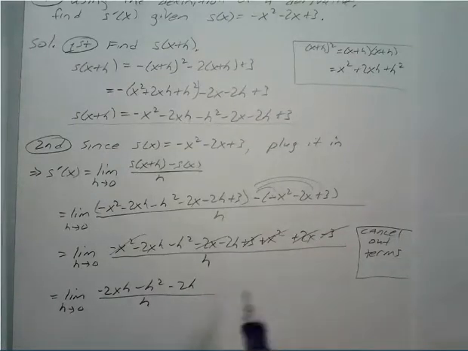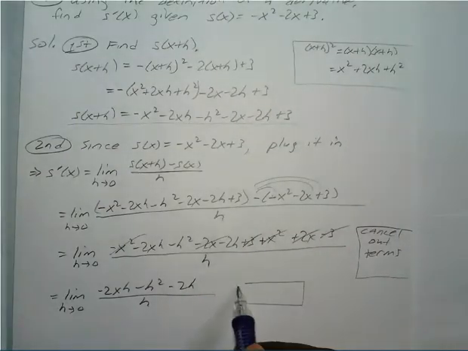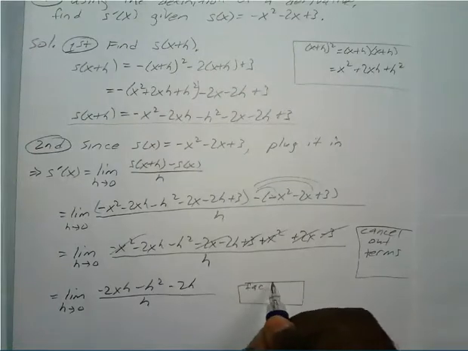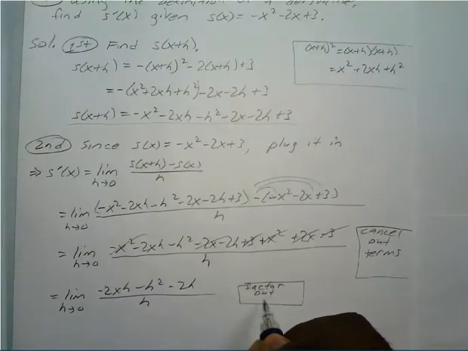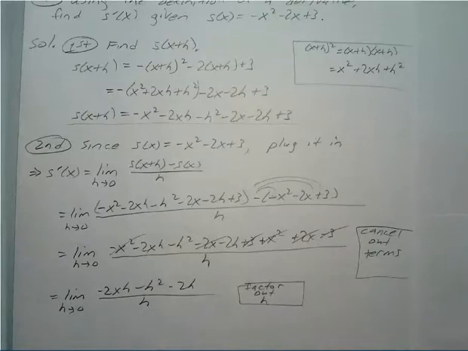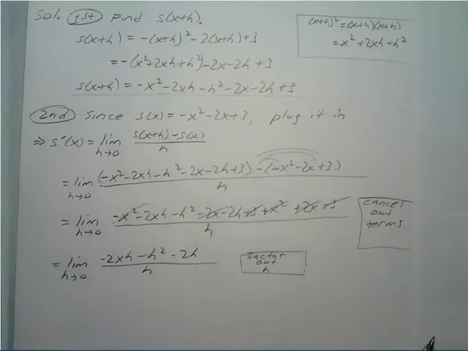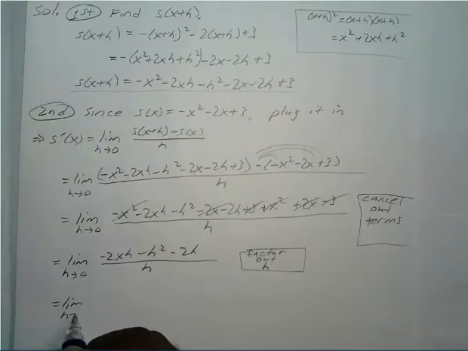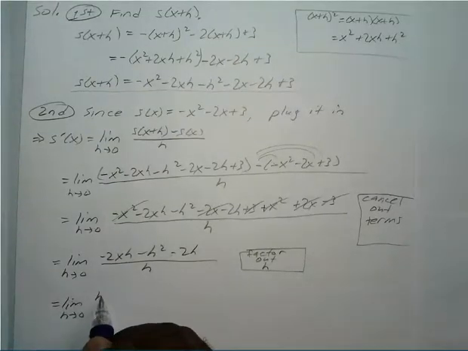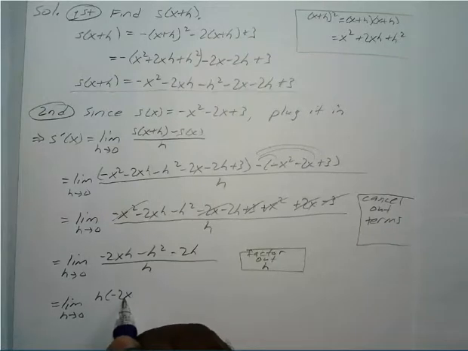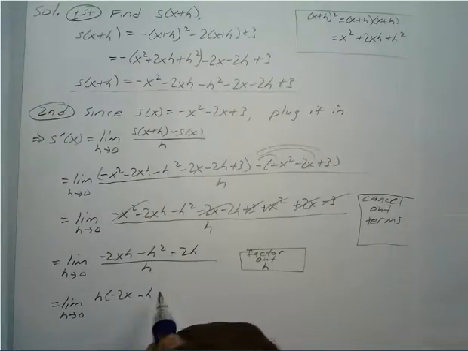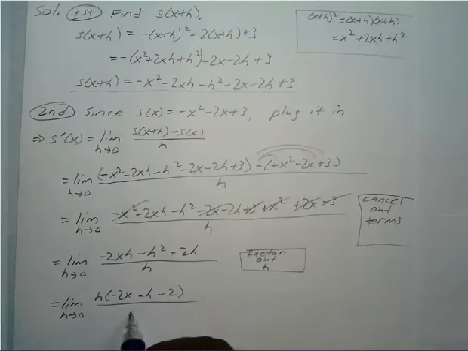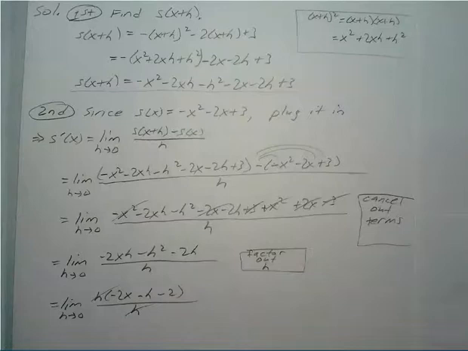Okay, now once you get to this step, we're going to factor out the h in our numerator. So you have the limit as h approaches 0 of h times negative 2x minus h minus 2 all over h, where in this case, those two will now cancel each other out.